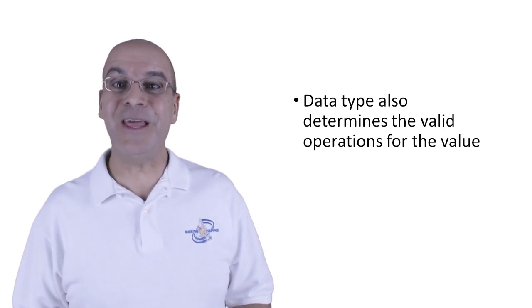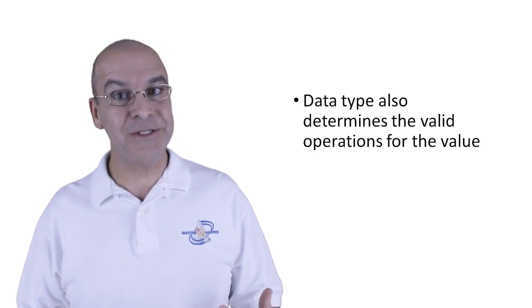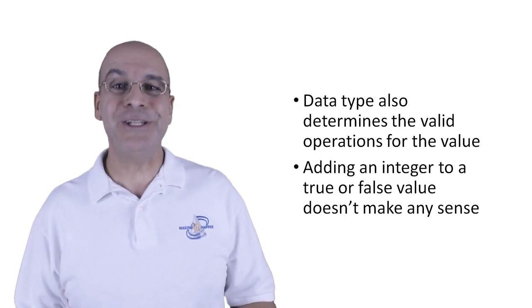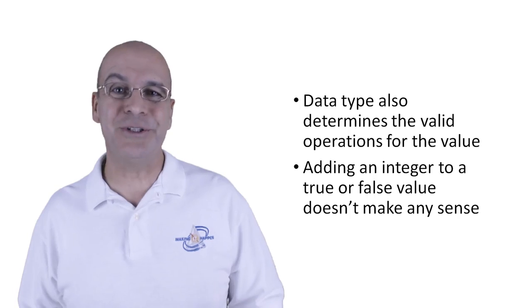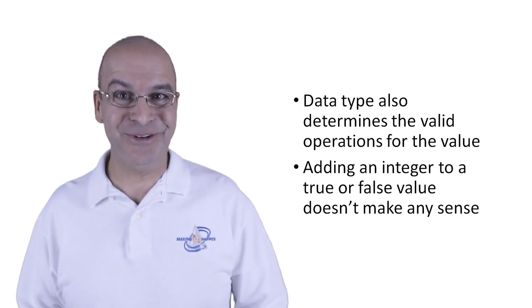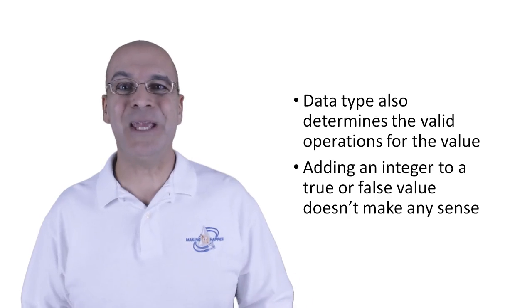The other thing that a data type tells us is the valid operations that we can apply to those ones and zeros. So for example, if those ones and zeros were an integer, adding them to true doesn't make any sense.